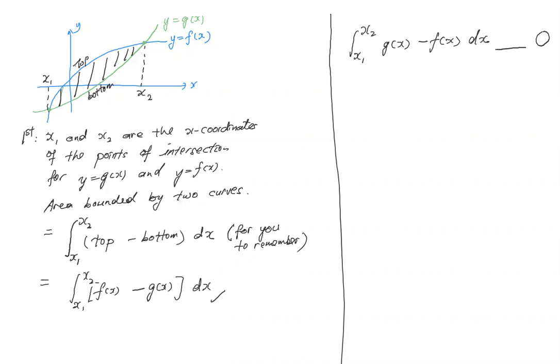This one is definitely greater than 0. Okay, how about this? Can you please tell me which symbol I must use? Smaller. Yes, you are right, because I changed it to the bottom minus the top. So sometimes in exams, they may ask you like that as well. Are you okay? Yes. So that is area bounded by two curves.